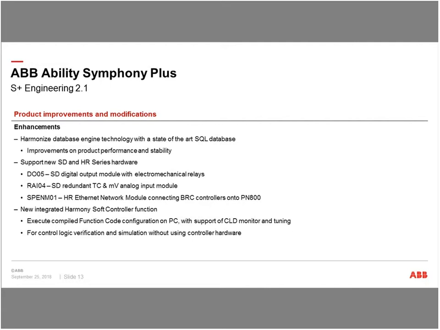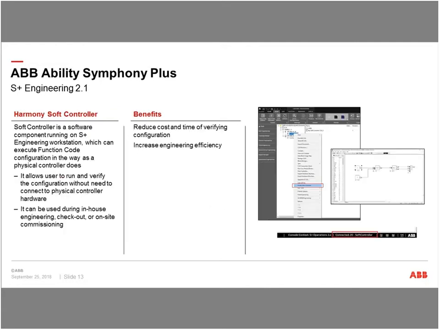This function basically allows the PC, your engineering station, to execute your CFG configuration in the same way as in the controller. So you can use this to verify, to check your logic, and to do some simple simulation without using a physical controller. Next slide, please.